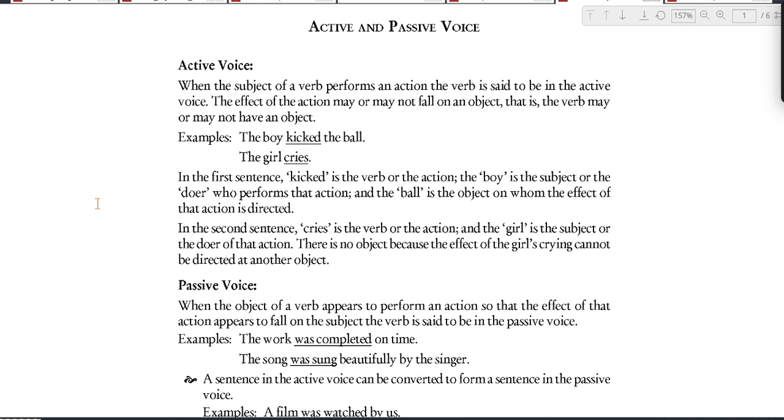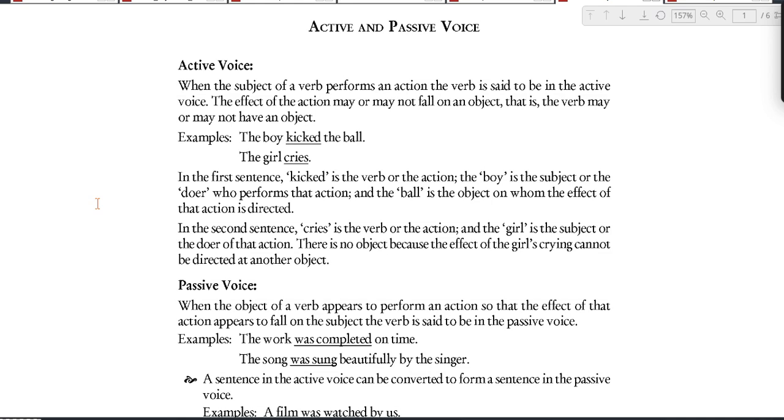In the first sentence, kicked is the verb or the action. The boy is the subject or the doer who performs that action, and the ball is the object on whom the effect of that action is directed. He is applying force on the ball.